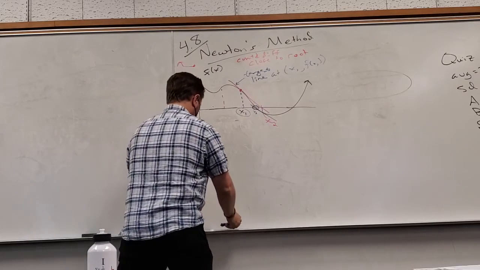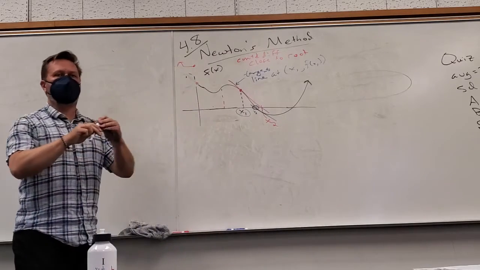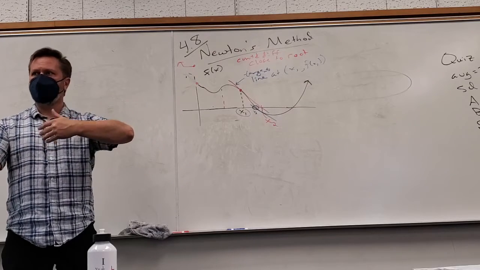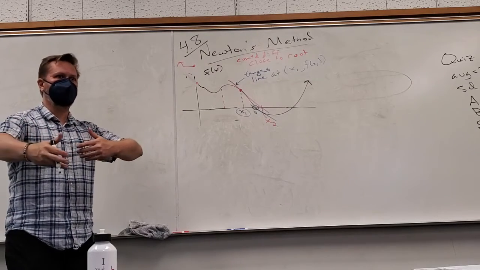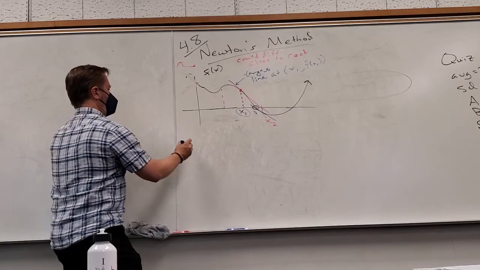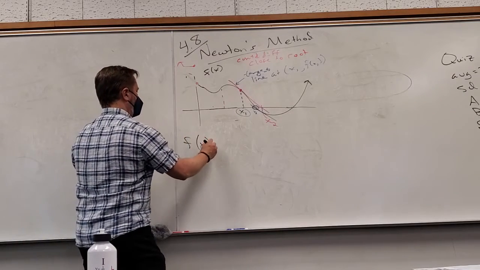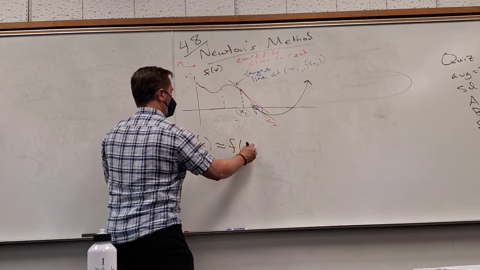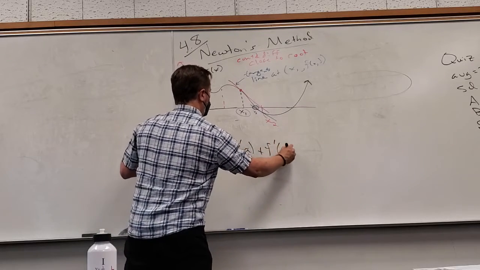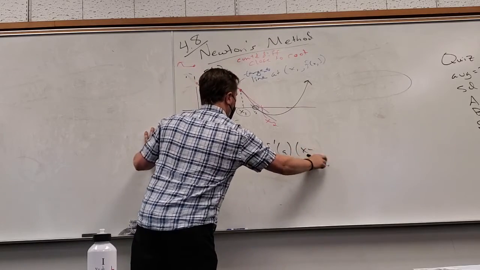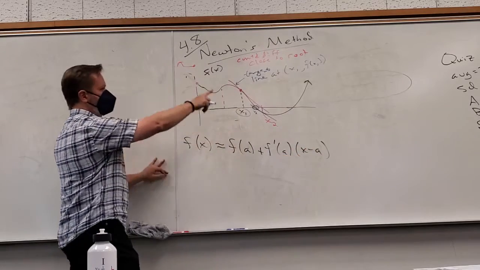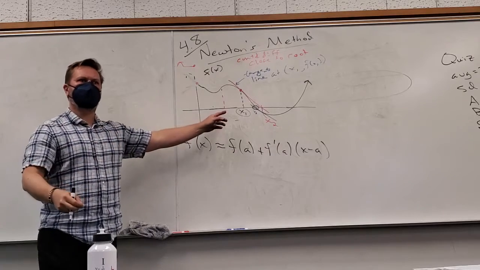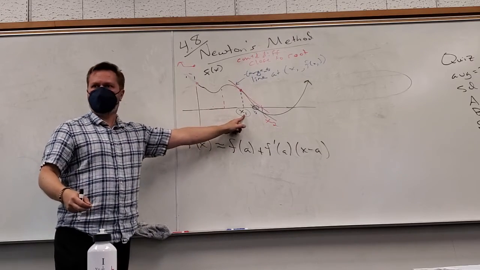If you want to, you can think of it in terms of linear approximation, because that's what a tangent line is. So isn't f of x approximately f of a plus f prime of a times x minus a? What is my a that we're using? x1, right? x1 is the a that we're using.